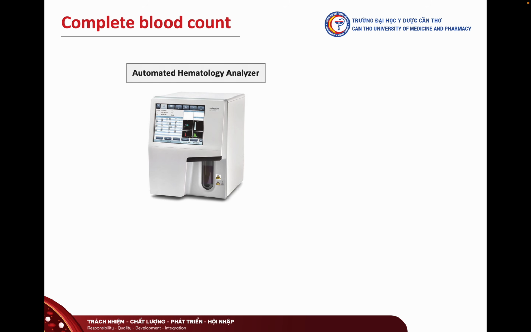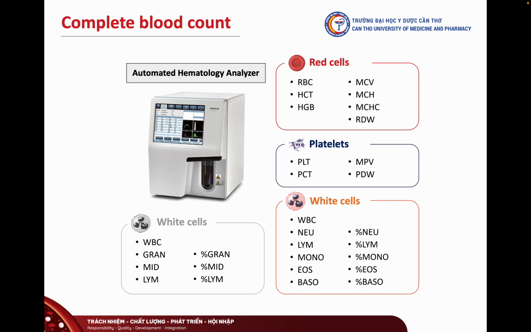Most automated hematology analyzers today examine the three main blood cell lines: red cells, white cells, and platelets. For the red cells, we measure values like the red blood cell count, RBC, hematocrit, HCT, or hemoglobin concentration, HGB, and other red cell indices, MCV, MCH, MCHC, and RDW.